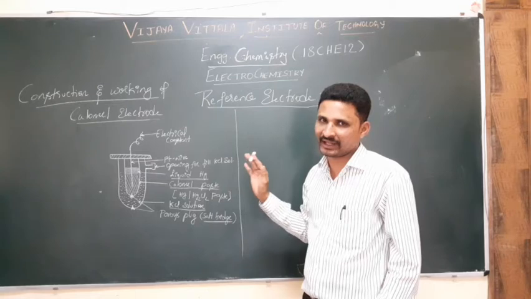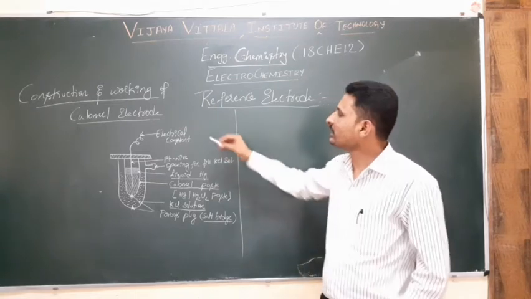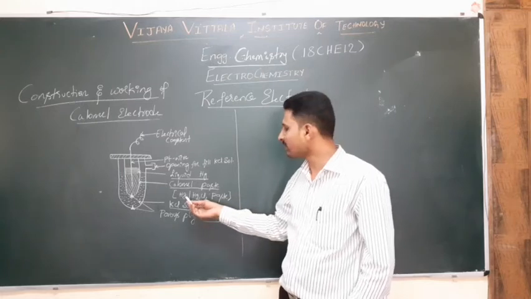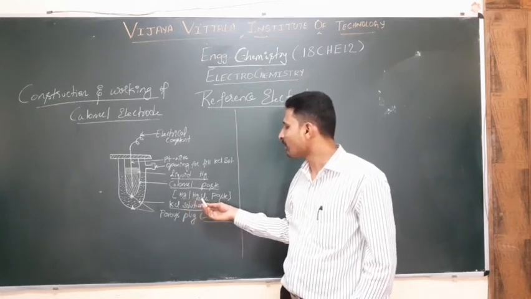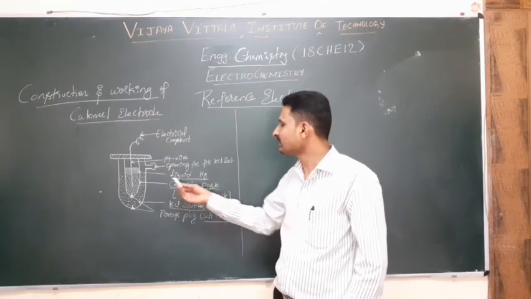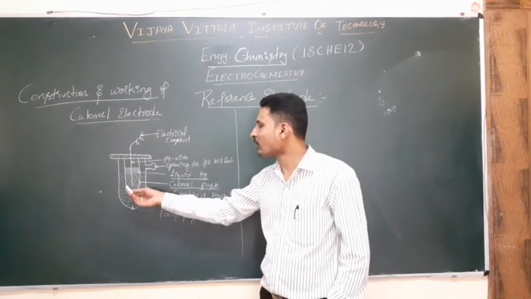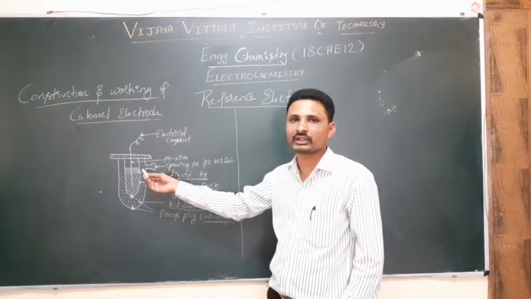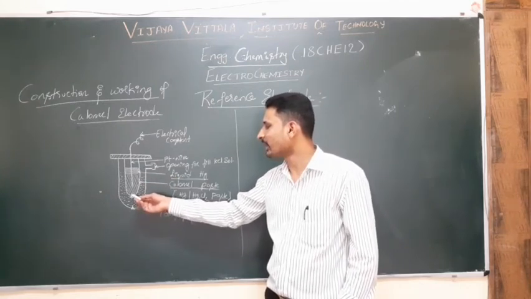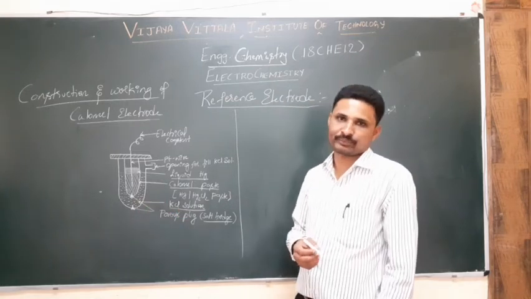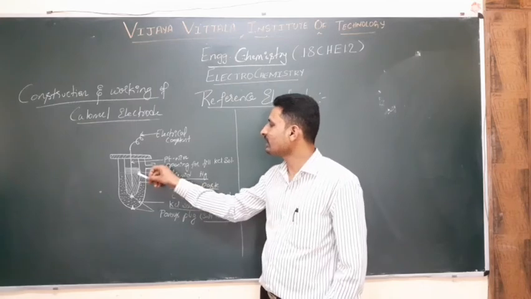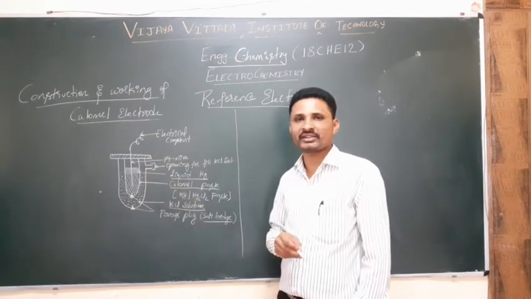This is constructed by taking a calomel paste, or we can say mercurous chloride paste, at the bottom of a narrow glass tube, with a porous plug at the bottom end of the tube, and liquid mercury filled just above the paste.